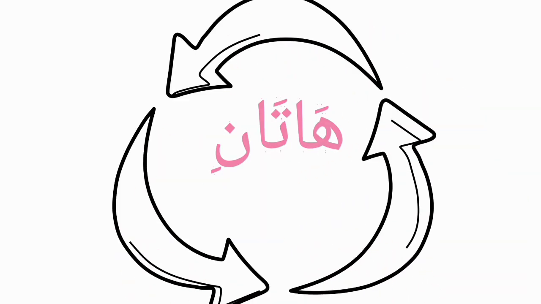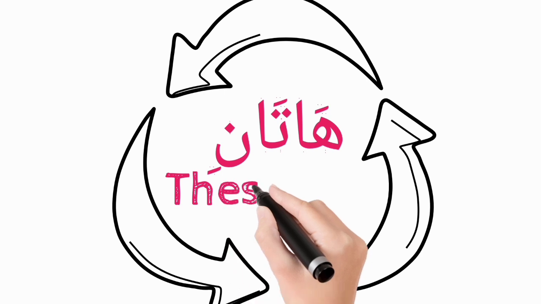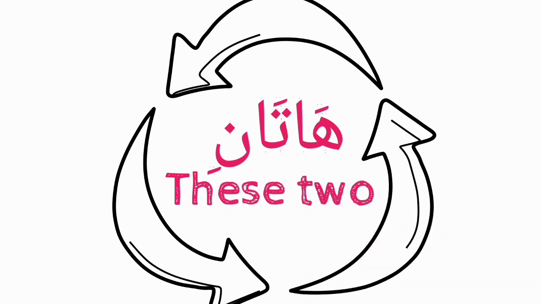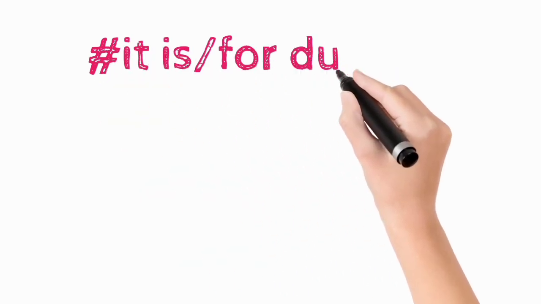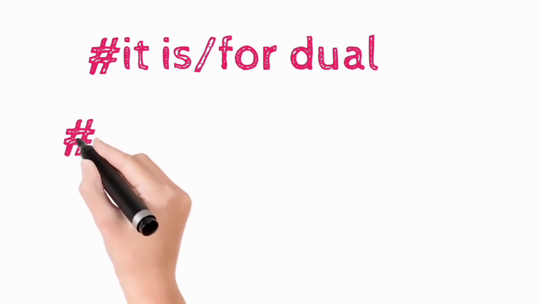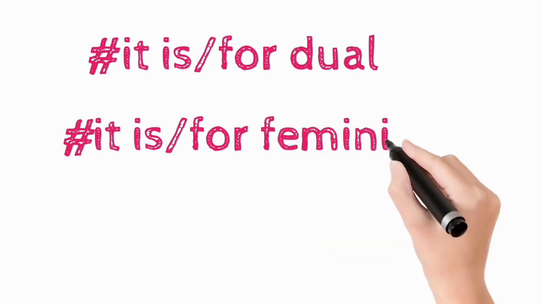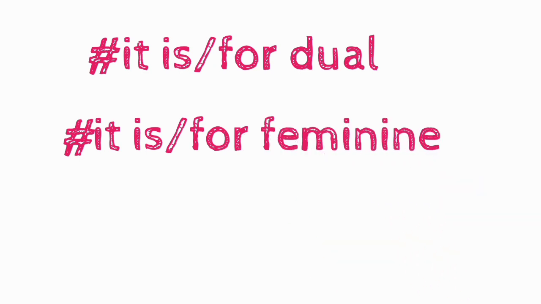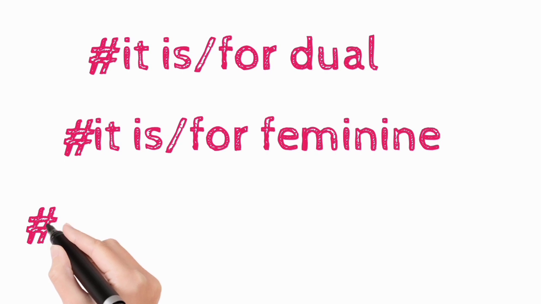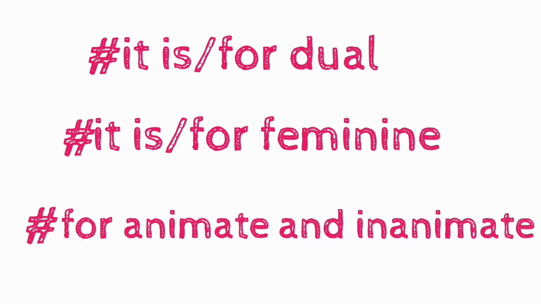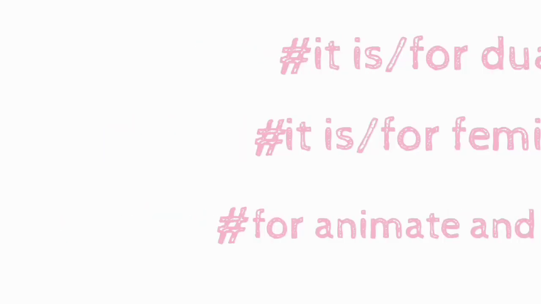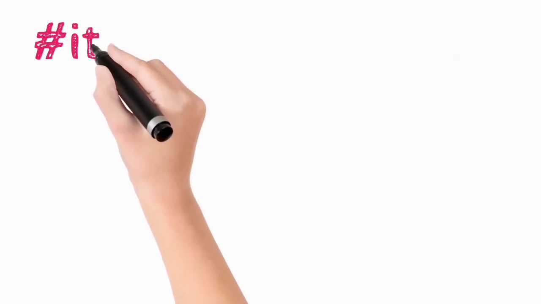And we also have here the dual form, hatani, which means "these two." Its features are that it is for dual, and it is for feminine only, and it is also used in addressing things that are animate and also inanimate, provided that they are dual and feminine at the same time.